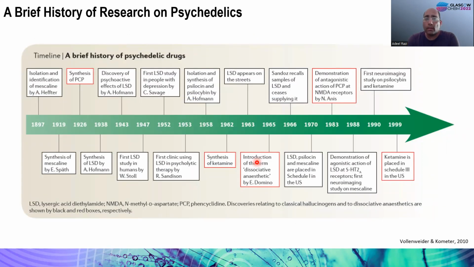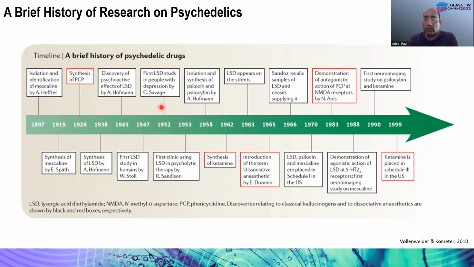We talk a bit about the brief history of psychedelic compounds, where the black boxes talk about the discoveries related to the classical hallucinogens, and the red boxes about the dissociative anesthetics. Towards the end of the 19th century, there was an isolation and identification of mescaline by Hefter, which was followed by the synthesis and discovery of LSD by Hofmann.